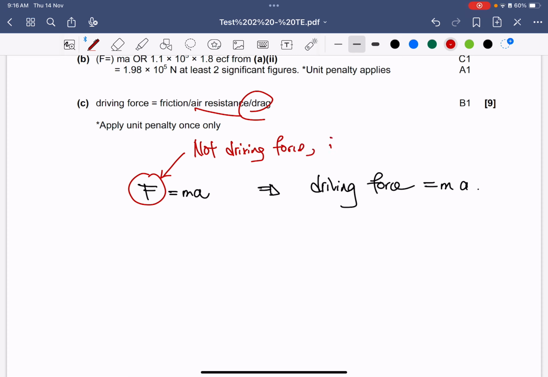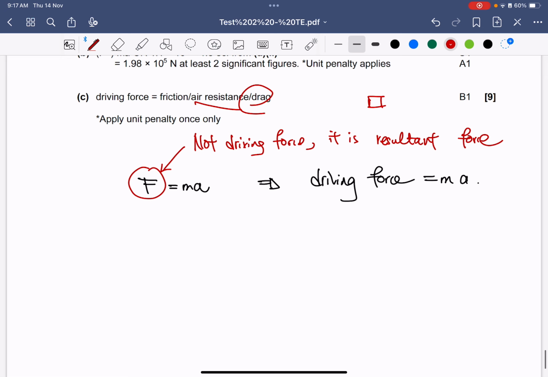This is the resultant force. Resultant force may not be the same as driving force. How to find the resultant force? We need to think about what is the force exerted on the train. We have the driving force. We also have the frictional force as well.